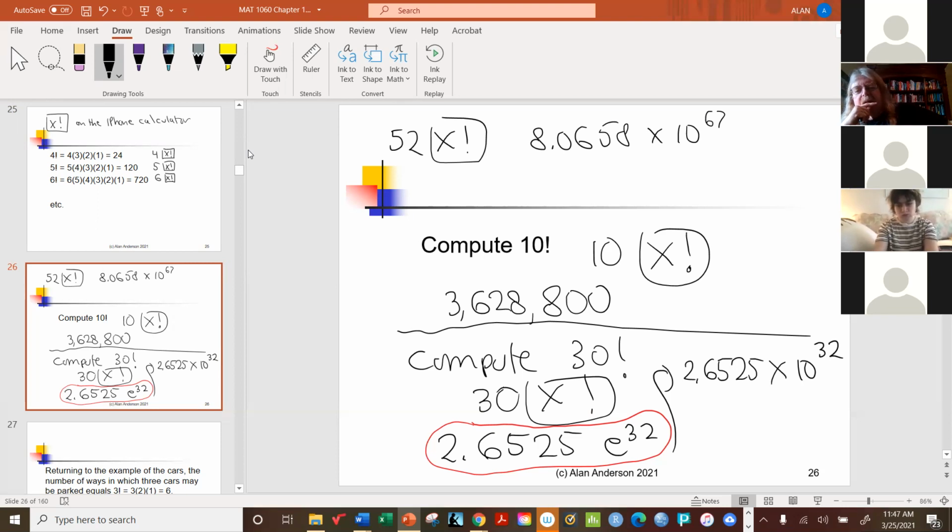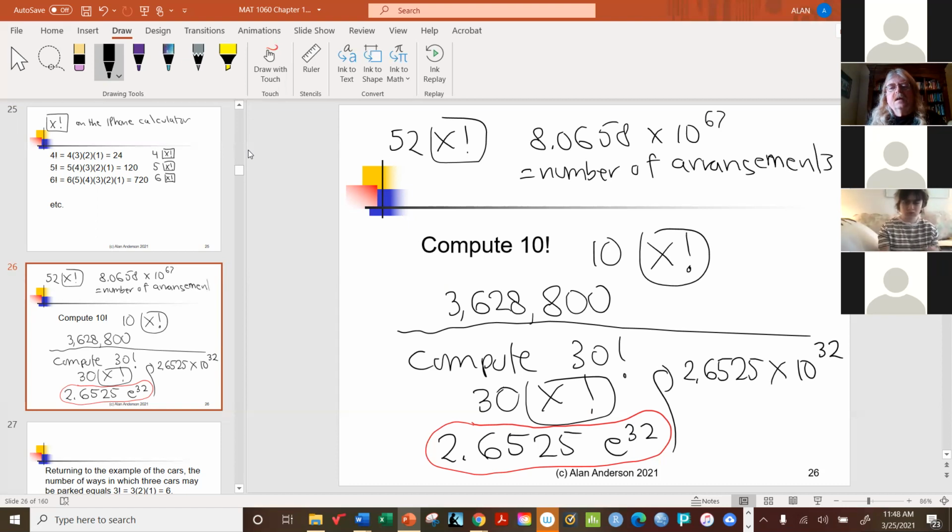So they can get big, but always remember, these can be interpreted as the number of ways of arranging that many objects. So this is the number of arrangements that are possible of a deck of cards.